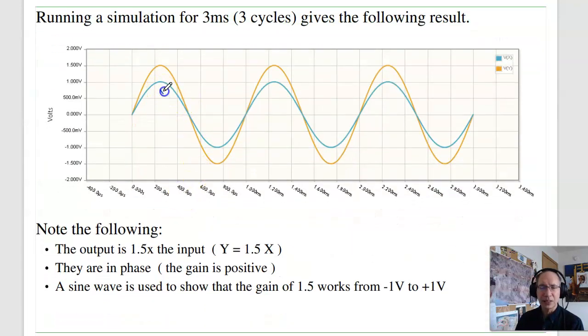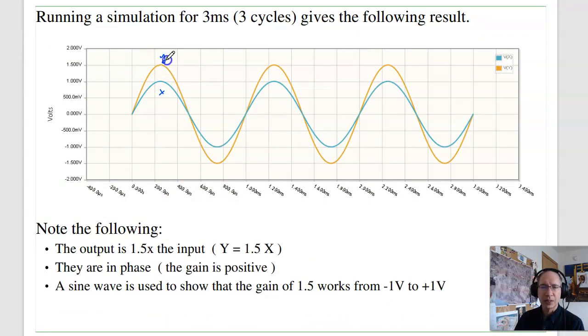X is right here, Y is right here, Y is 1.5 times X, and notice, X is a sine wave, Y is a sine wave. That's good. This is an amplifier. When X is positive, Y is positive, the gain is plus, and that's about it. Okay, so it's gain of plus 1.5.